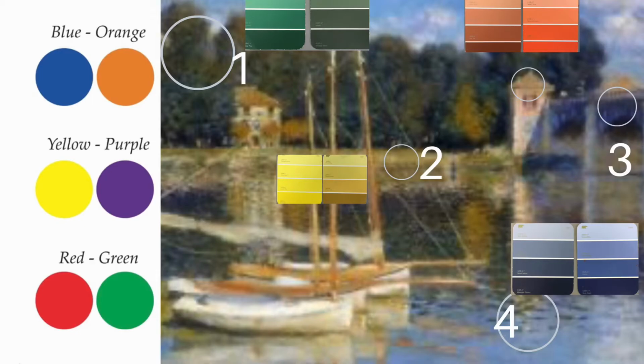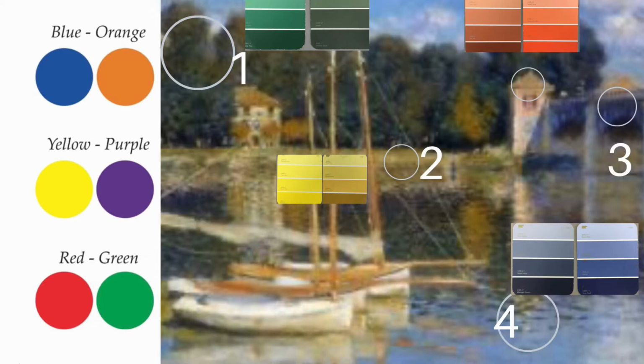Let's look at the color inside circle number 4. Starting color, blue. Step number 2, do I add white? Yes, because the color inside of the circle is lighter than the blue on the palette. How much white do I add? My goal is that the mixture I'm making will be as light as what's in the circle in the image.